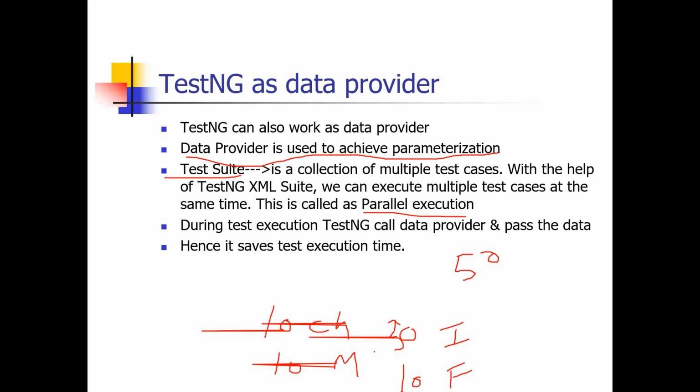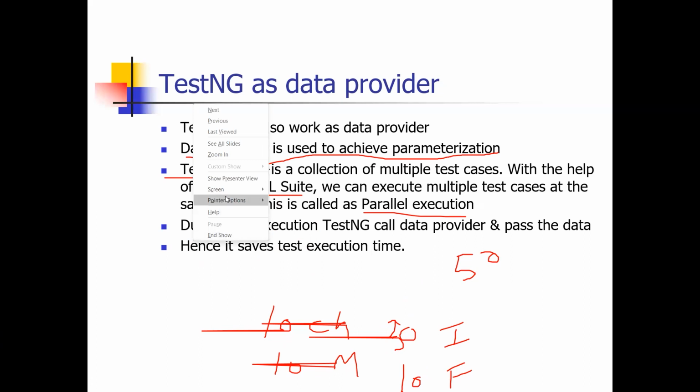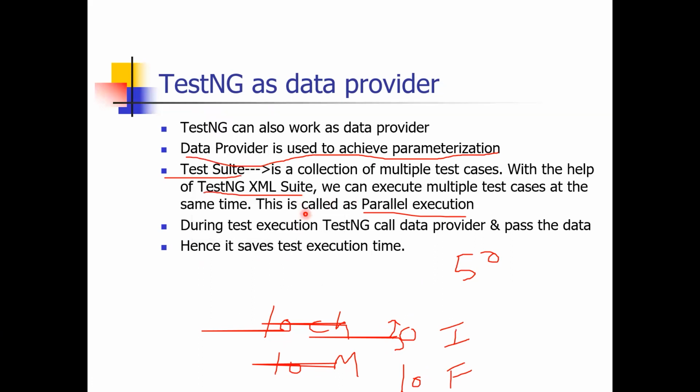These are 50 tests in total, and we want to execute all of them in parallel. That is possible in TestNG. We have to create a TestNG XML suite, and with that suite we can execute all the tests at the same time. This is called parallel execution.